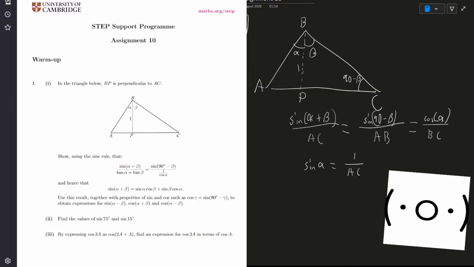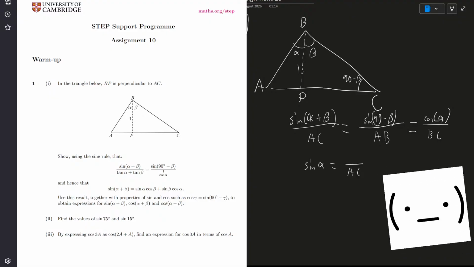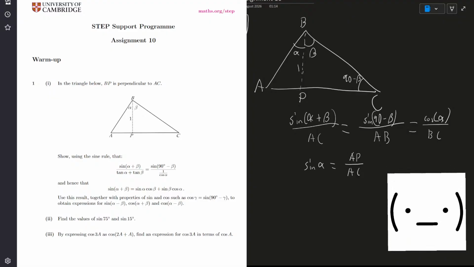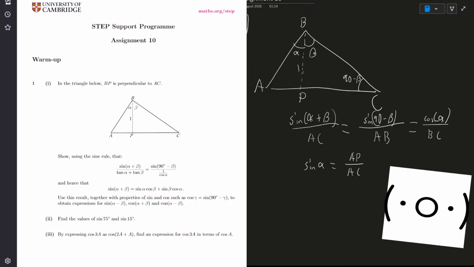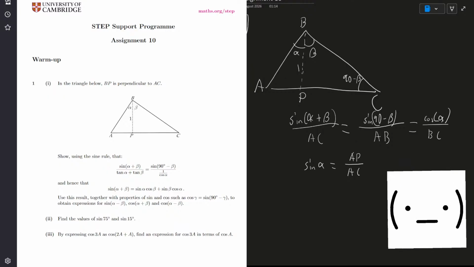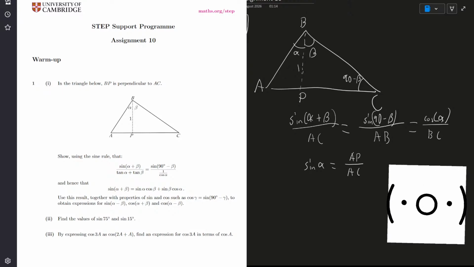Oh, sorry, not divided by 1, divided by AP. Is that correct? No, sorry, this is AB, isn't it?